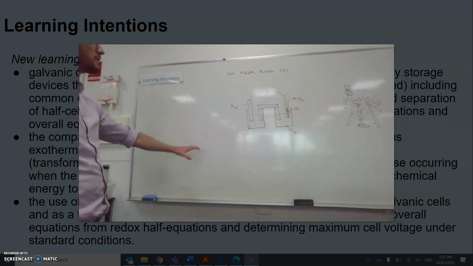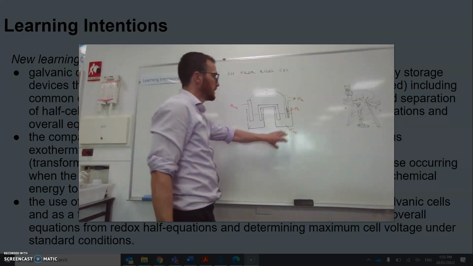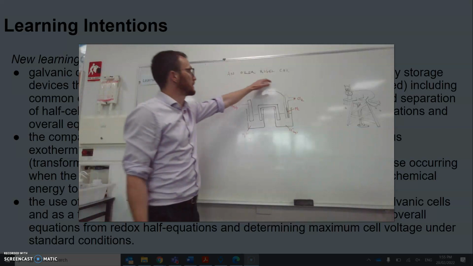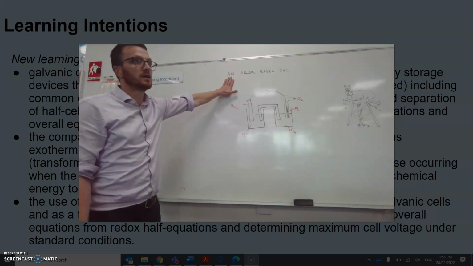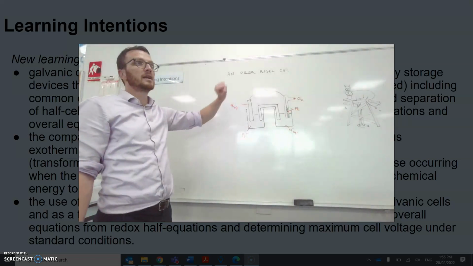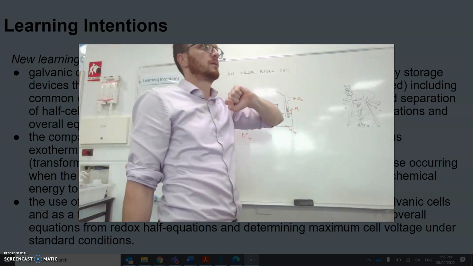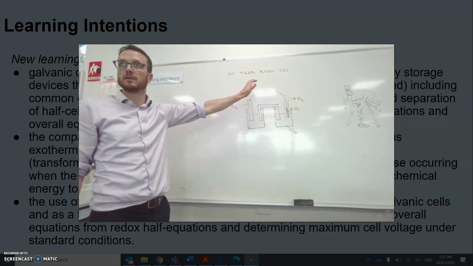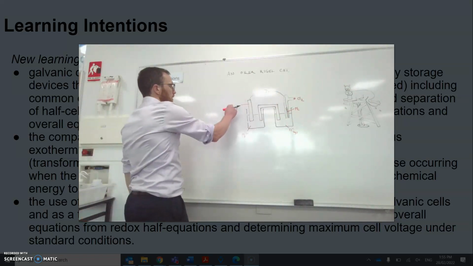Right. So far, I've got the components. There's other bits that are missing. Anode and cathode. So we need to determine which is the anode. Oxidation always occurs at the anode. No exceptions. Right? So many exceptions in chemistry. This is one where there's not an exception. Right.